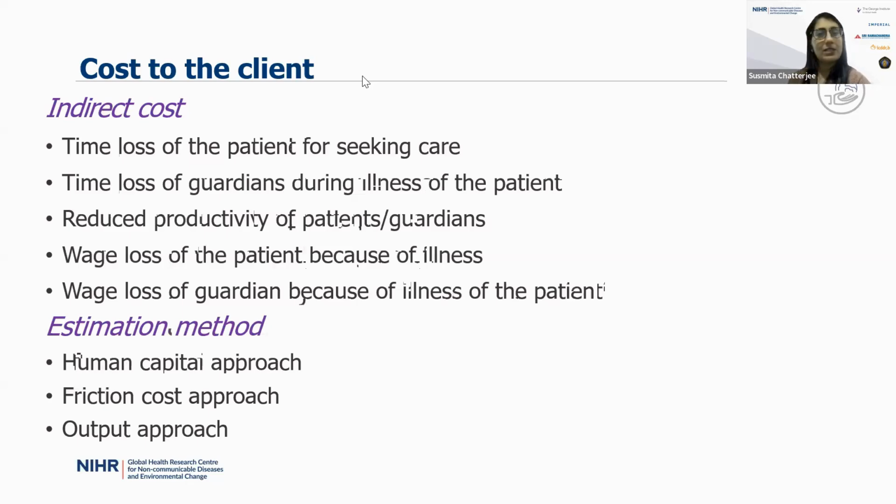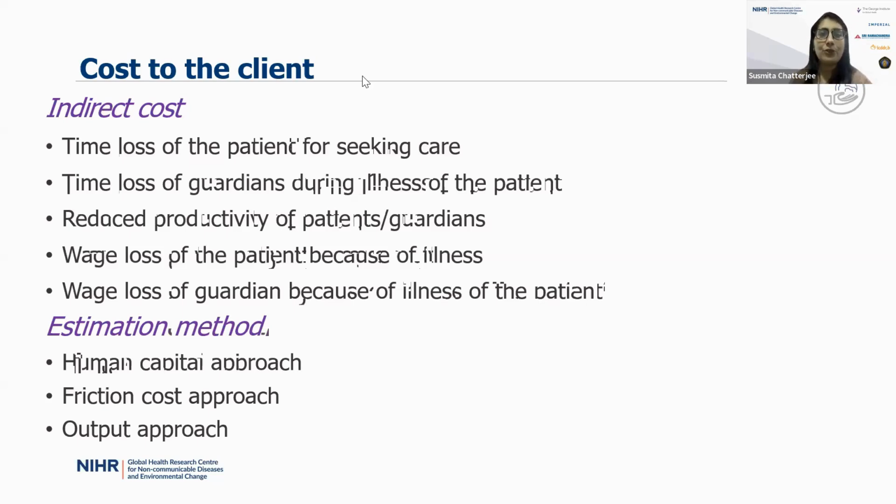I got this question several times asking why you are valuing a student's time. Because the student is sick, he or she is not studying or not playing or not watching TV or not doing whatever he or she was supposed to do. That's the opportunity cost. The student is now missing something because the person is sick. That's the time loss, right?